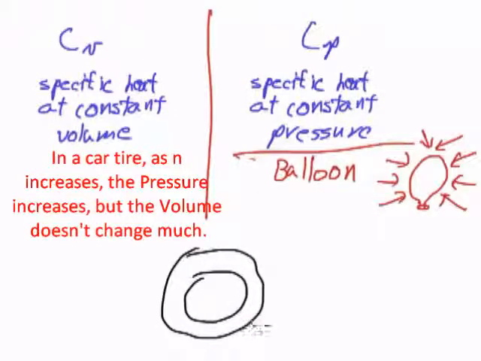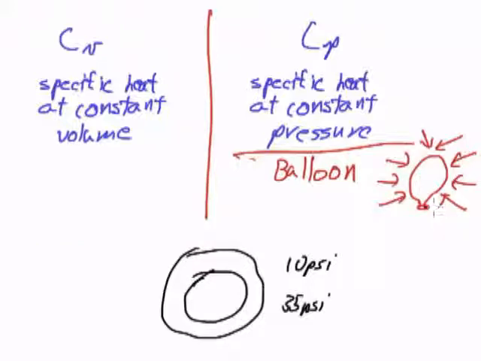For instance, in a car tire, if you have 10 pounds per square inch and you have 35 pounds per square inch, the actual tire doesn't grow a whole lot. And essentially the operation of a car tire is basically like the operation of a balloon.